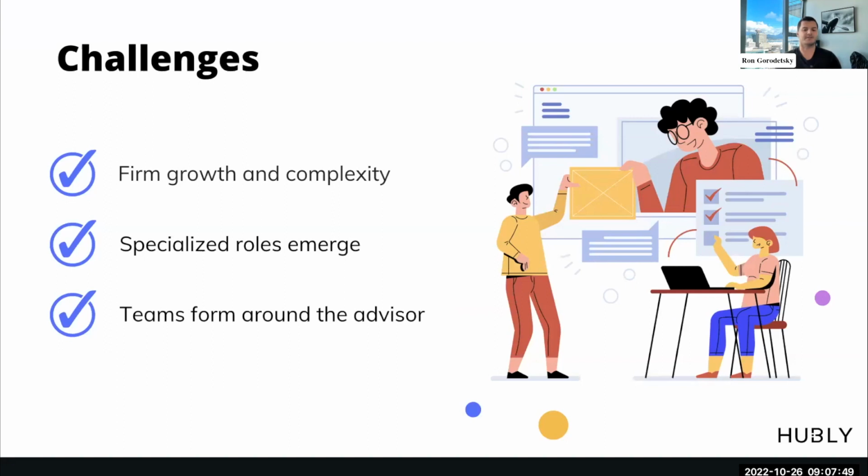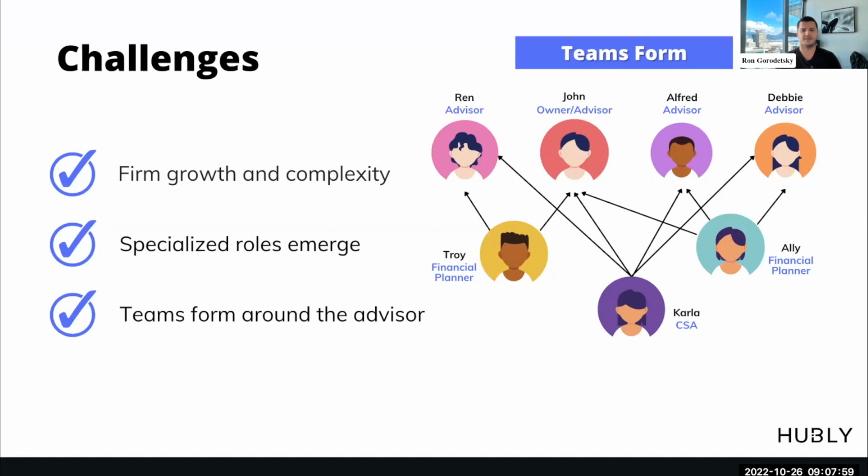And as we looked at larger firms, we saw this complexity exist at an even larger scale, as soon as there were multiple advisors and multiple team members at every single role within the team. Such as the team here, where you can see there's still 2 financial planners, but now 3 additional advisors and 1 client service associate have also been introduced.